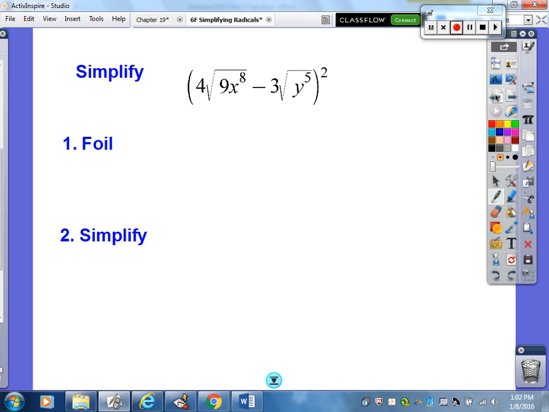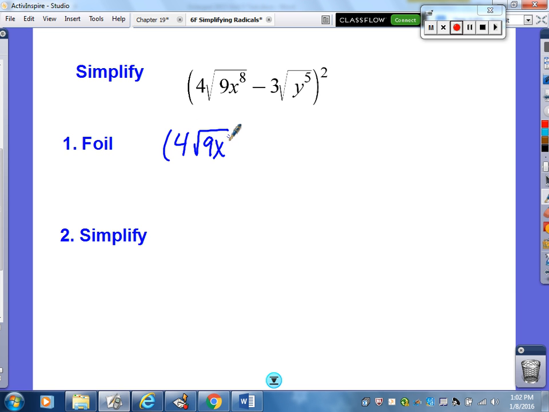So when we FOIL this, we're going to square the first term. So we're going to get 4, the square root of 9x to the 8th squared, minus, we're going to double it and multiply these two things together. I'm just using the squared pattern.